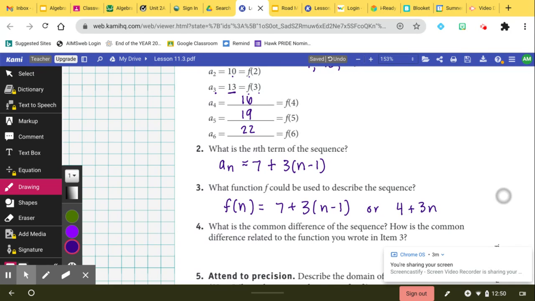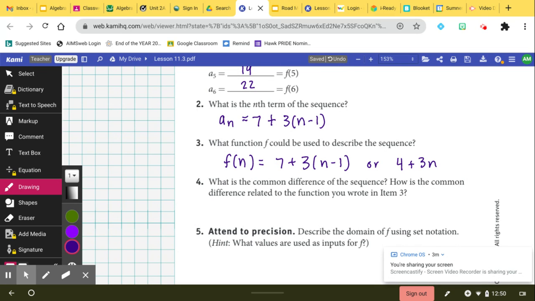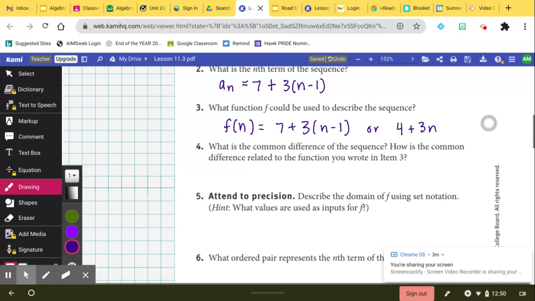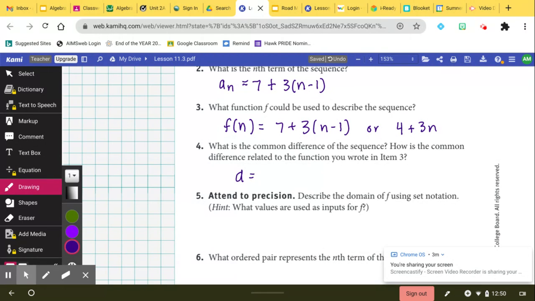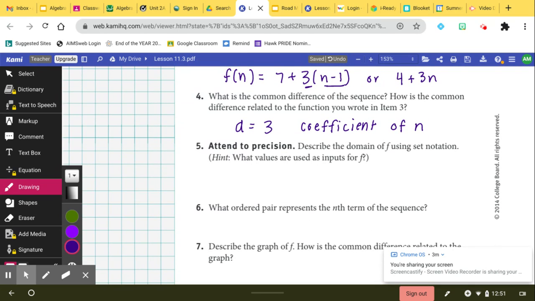That would work too. So it says, what is the common difference of the sequence? How is the common difference related to the function we wrote in item 3? Well, the common difference is 3, and in the function that we wrote, the coefficient of my variable term is the 3, so it's the coefficient of n, so of my variable. So it says, describe the domain of f using set notation.